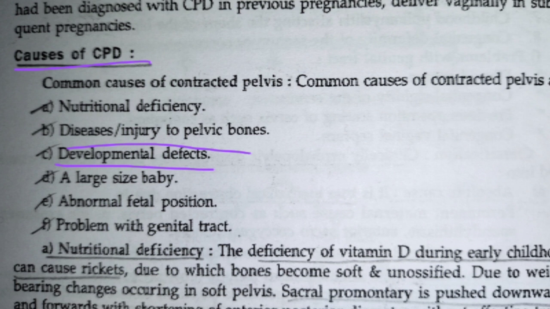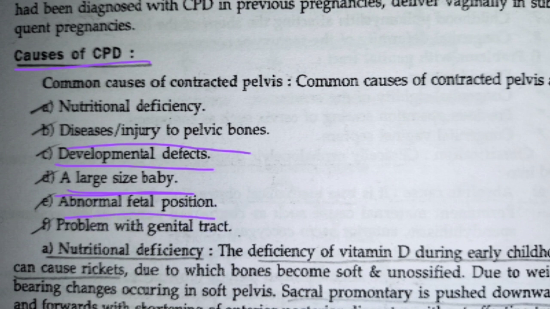Apart from this, polio is also in this. While developing, the defect may occur. And large baby size. There is no problem with the mother's pelvis, but the baby is very large and can't pass through the pelvis. So we consider this condition as CPD and we perform C-section.